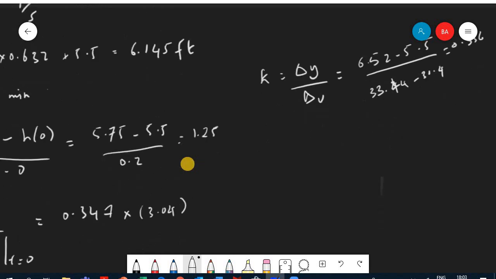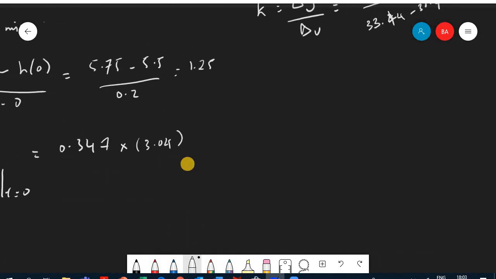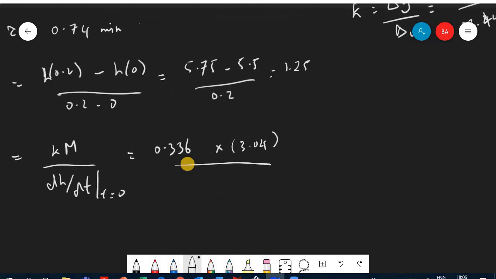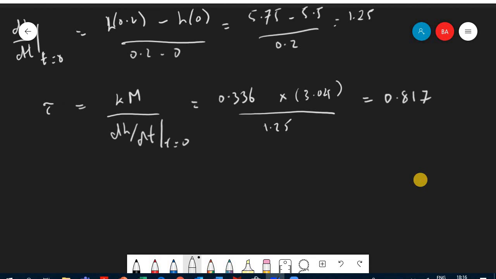So in this case it is not 0.347, it's 0.336. So tau is Km divided by dh/dt, which is the 1.25 that I identified. And the answer is about 0.817, so about 0.82. So that is how to calculate tau.